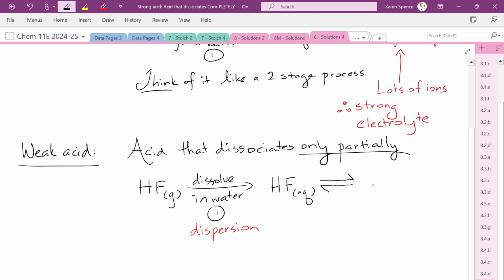Okay, and then we have, and I'm going to write these small because we don't have very much of them, H plus and F minus. That's aqueous, and that is aqueous. And that is our partial dissociation.